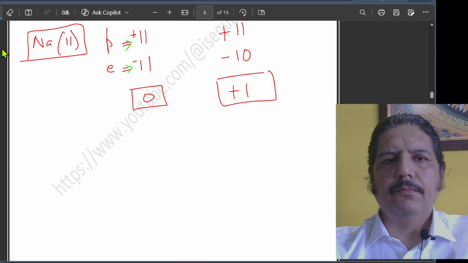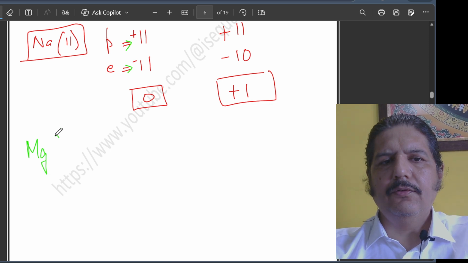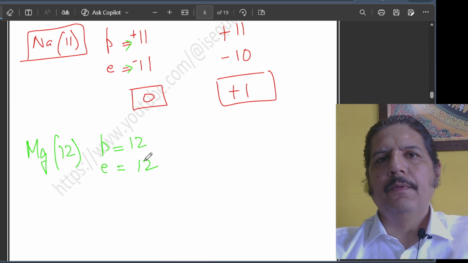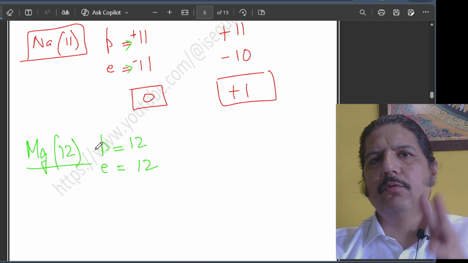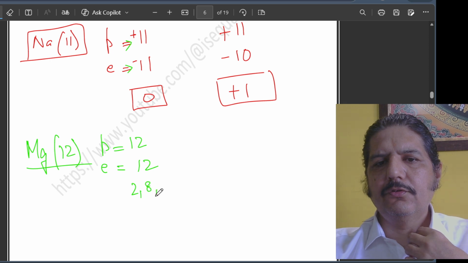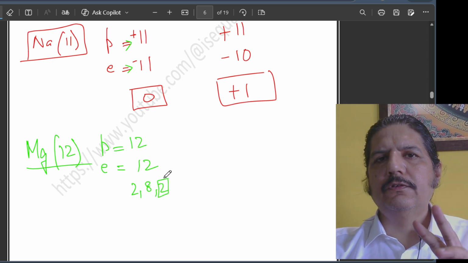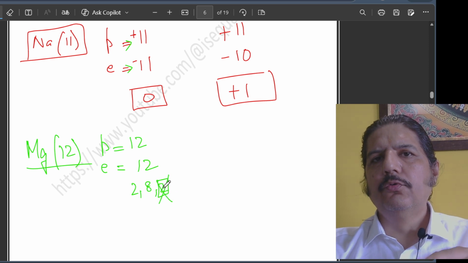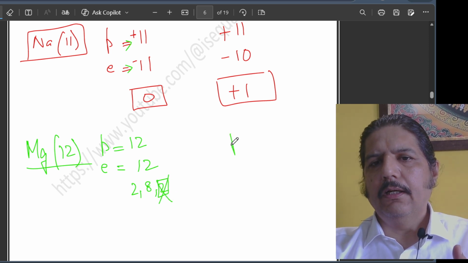Look at magnesium. Magnesium's atomic number is 12, so the number of protons is 12. The number of electrons is also 12. So a magnesium atom would be neutrally charged. But the electronic configuration of magnesium is 2,8,2. It wants to lose these 2 electrons.